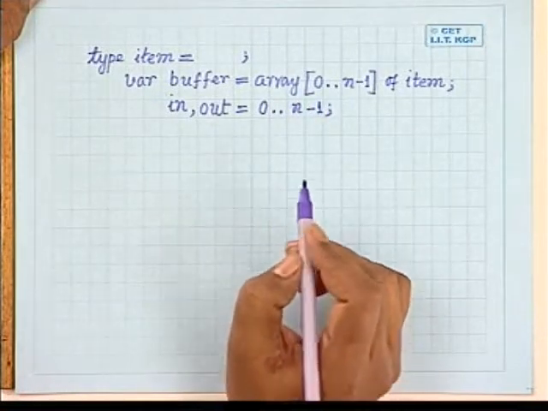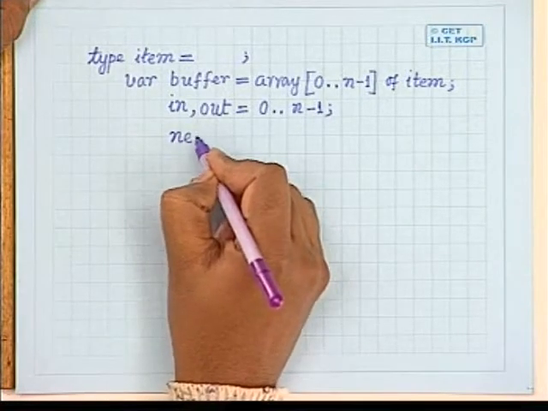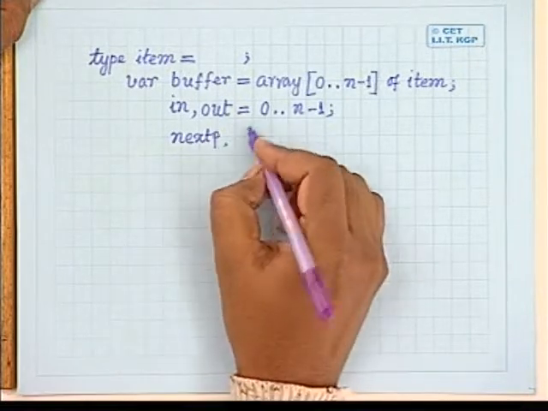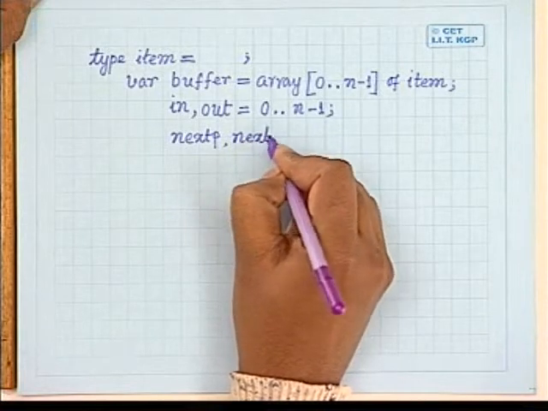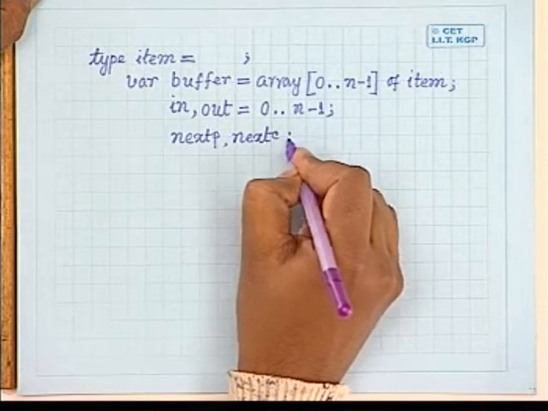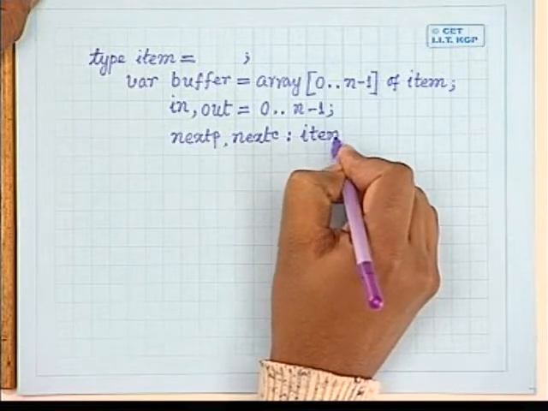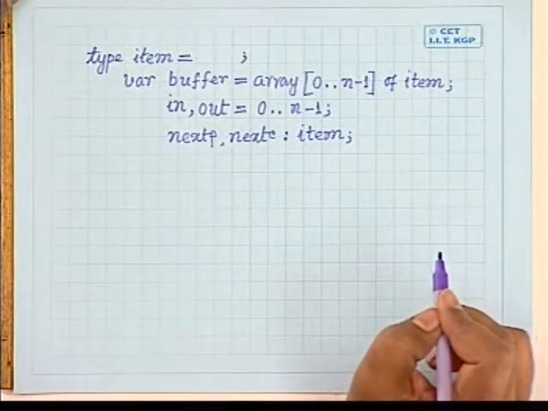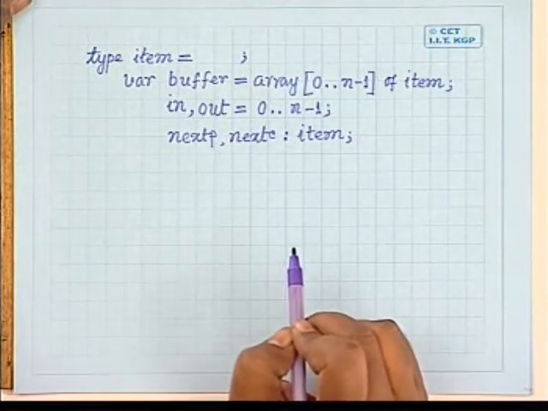Okay. And we use two more variables. One is next p and the other one is next c, of type item. So our assumption is whenever the producer produces an item, the item is assigned to next p.